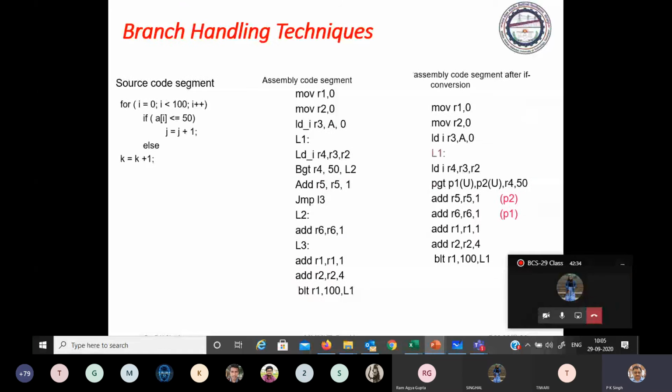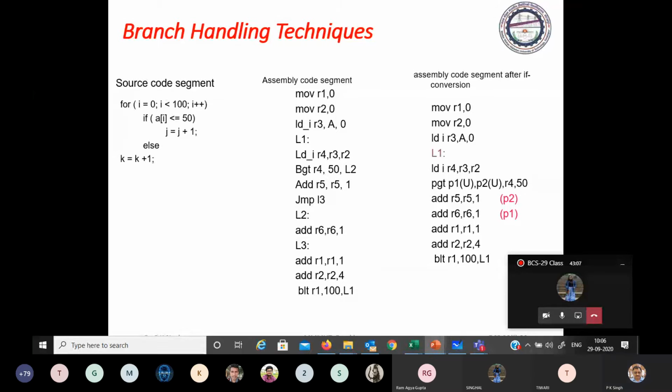Now see branch handling technique. The third hazard you have seen is control hazard. You have also seen control hazard occurs due to the control structure of the program and dependency due to this control structure.